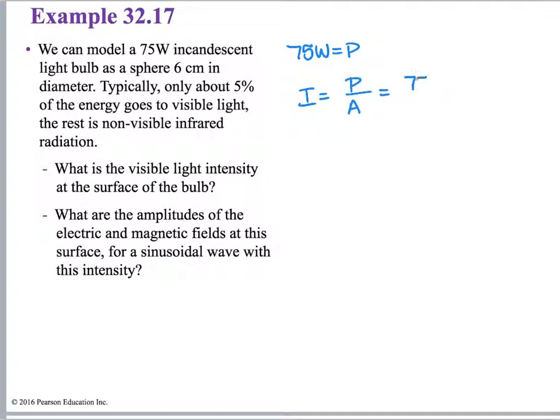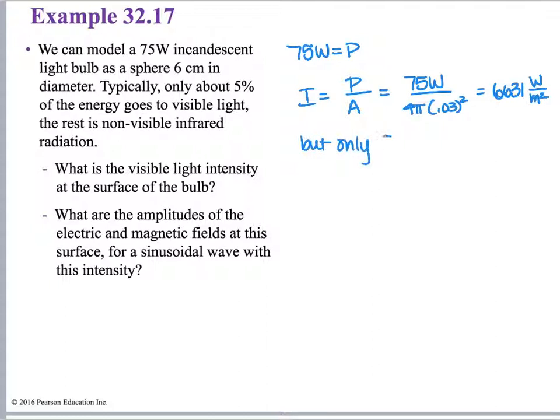So it's 75 watts over the area. It's a sphere, so 4 pi r squared. We were told it was 6 centimeters in diameter, so the radius is only 3 centimeters. And that's going to tell us that overall the intensity would be equal to 6,631 watts per square meter.